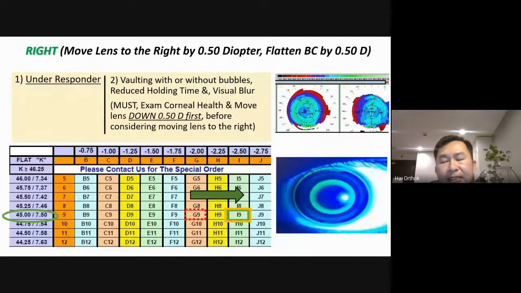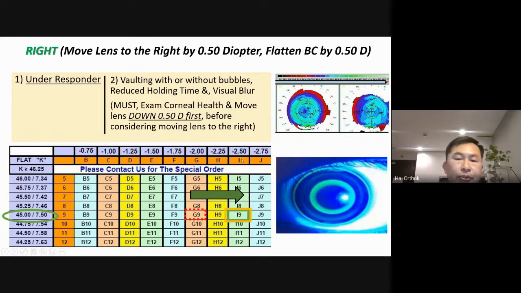The other case is under responding. When it's under responding, that means I wear my G9 lens and it's correct with my Rx, but after 2 weeks, I still have half a diopter remaining under corrected. So the practitioner will increase the lens by half a diopter.